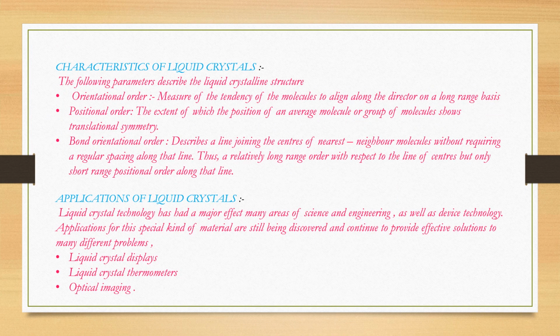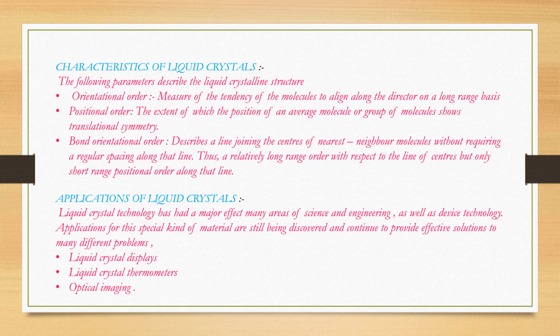Now we will see characteristics of liquid crystals. The parameters which describe the liquid crystalline structures are orientational order, positional order, and bond orientational order. Orientational order is a measure of the tendency of the molecules to align along the director on a long range basis.